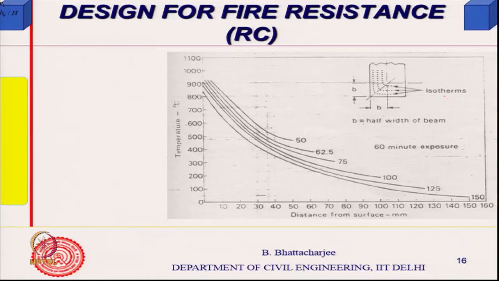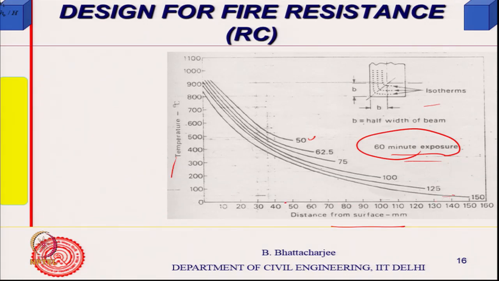So, this is a kind of diagram. Isotherms are given against distance from the surface and temperature, for a 60-minute exposure. As I said, for each time there is one set of graphs. This is 50 degrees centigrade, and 150 degrees centigrade, etc., versus distance from the surface.